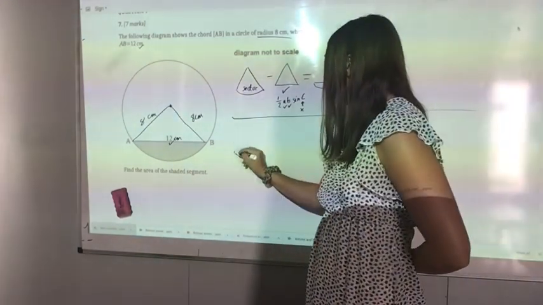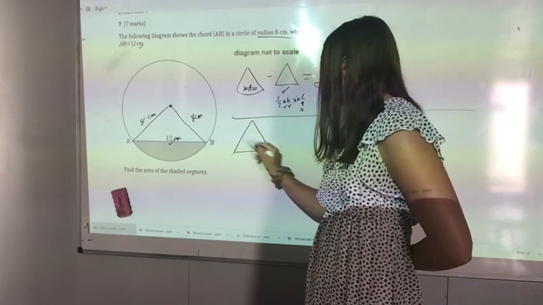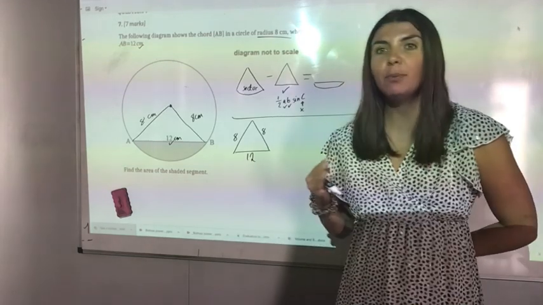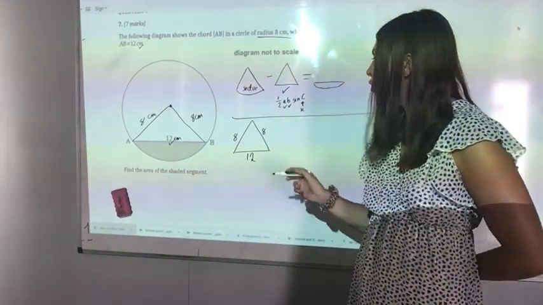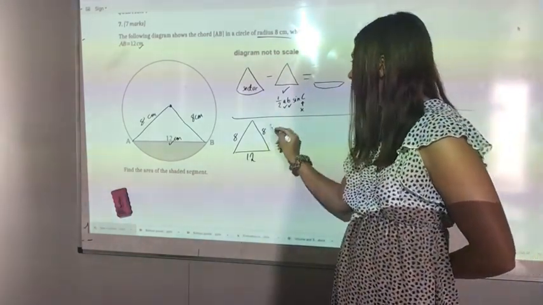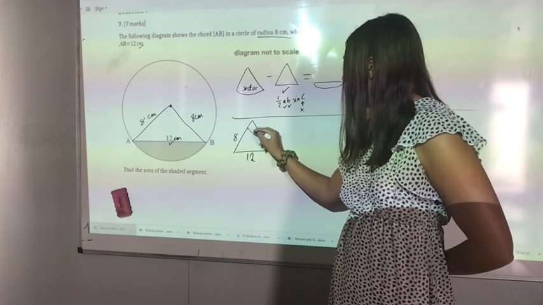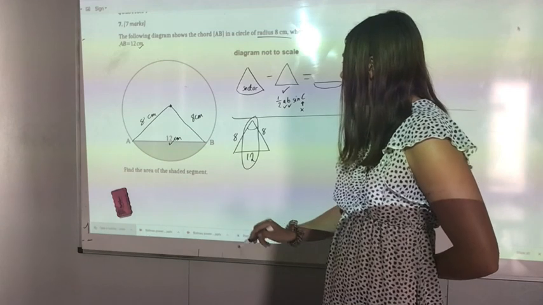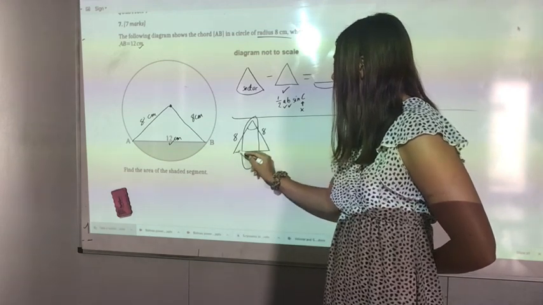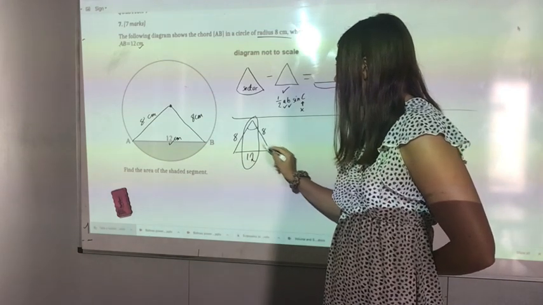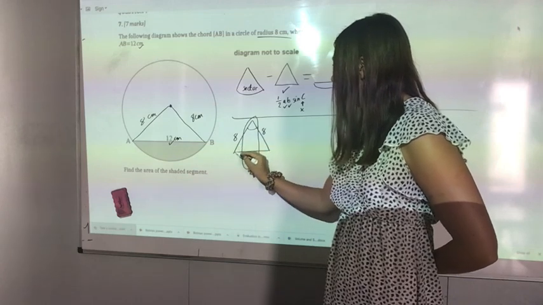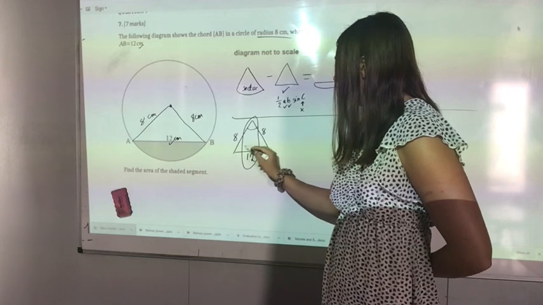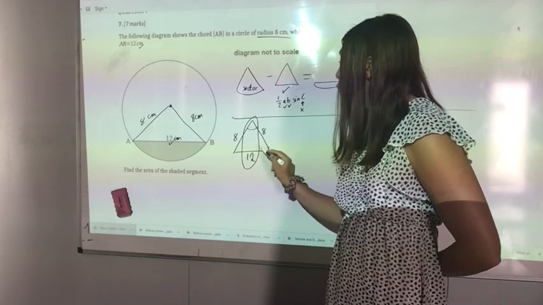I'm going to draw out the triangle, and this will help me out. 8, 8, 12. Now, like before, we need to see if we can circle any sides with angles. We want to find out what this angle is here. So we've got one pair, but if we try and circle the 8 with either of these, it's not going to help us in finding these angles, because we don't know what these angles are.